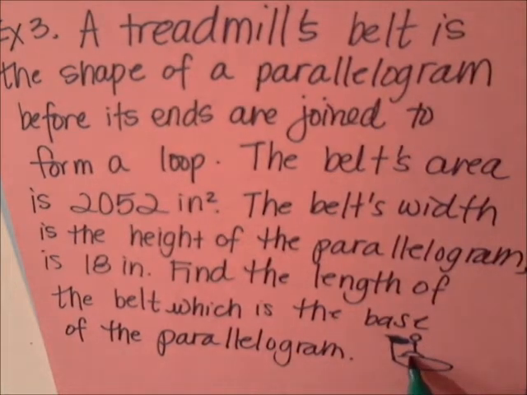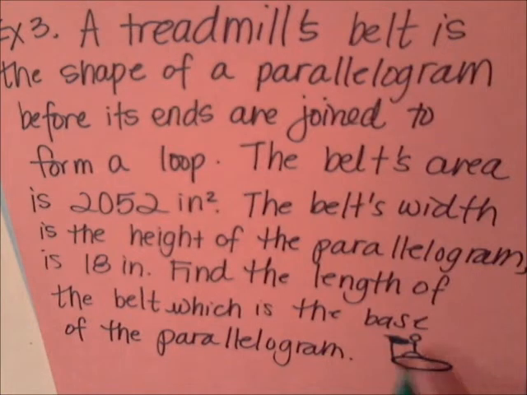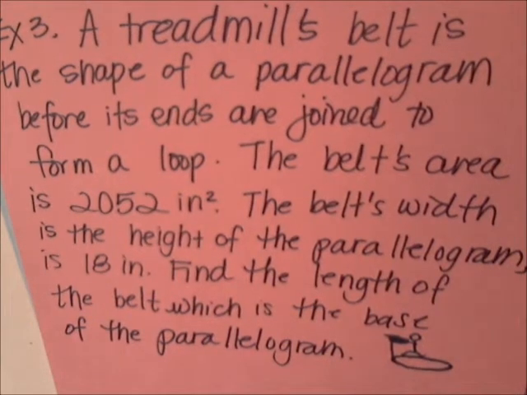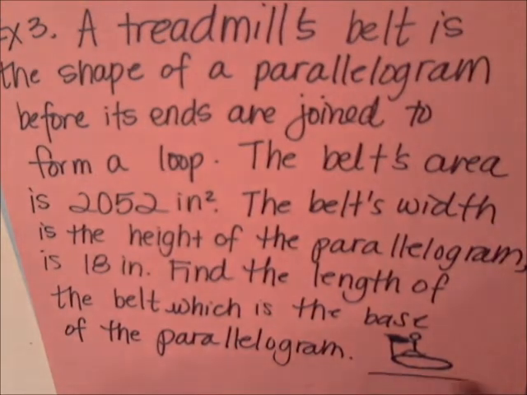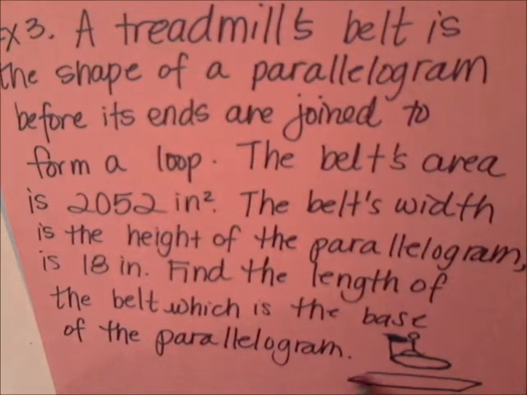So this usually is a belt that goes round and round. When the manufacturer makes a treadmill, usually this belt is flat and it has to be wrapped around the treadmill and connected. So this is what this problem's all about.